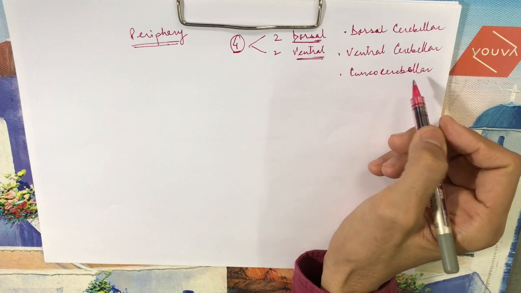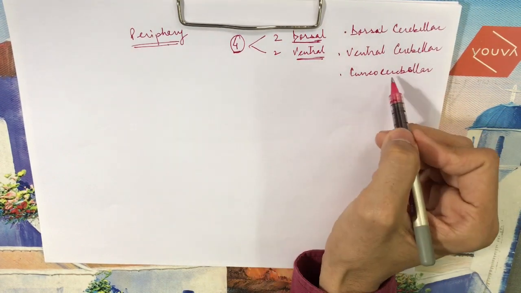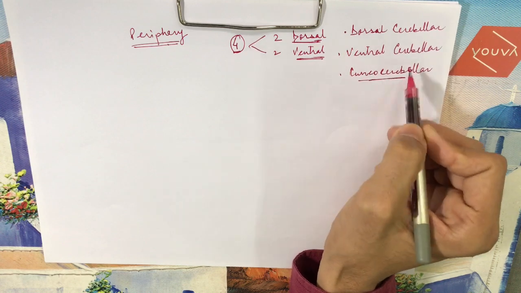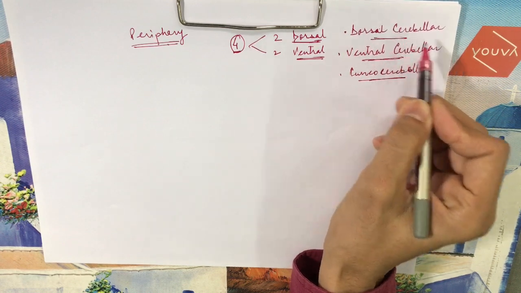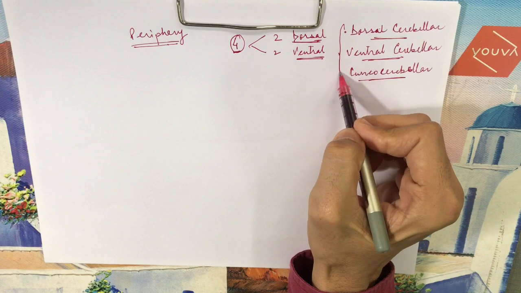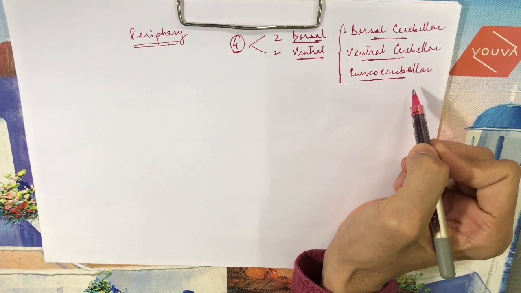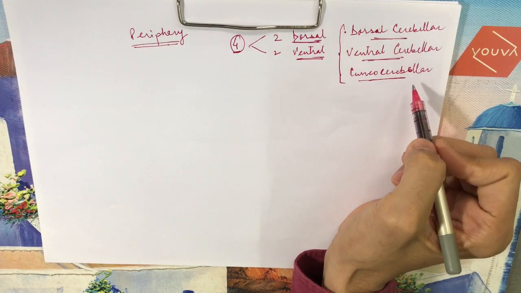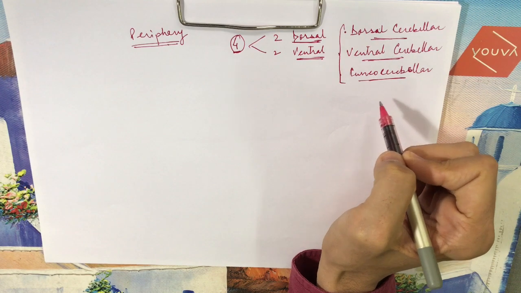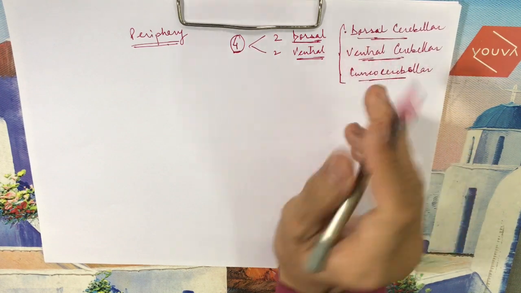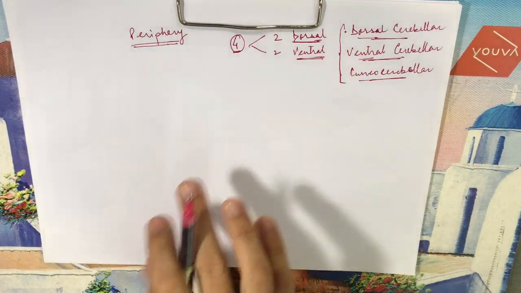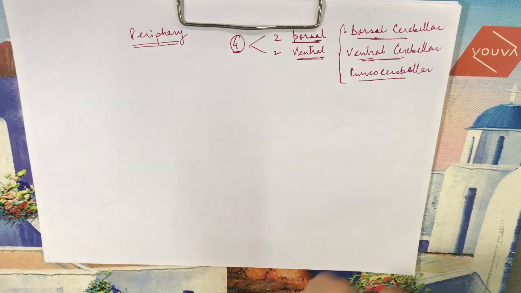If you can recall the ascending pathways, we have read about the cuneocerebellar tract, right? So what is the function of these dorsal, ventral or cuneocerebellar tracts? The fibers from these tracts are dorsal and ventral based on location within the spinal cord, whether the dorsal part or the ventral part of the spinal cord.